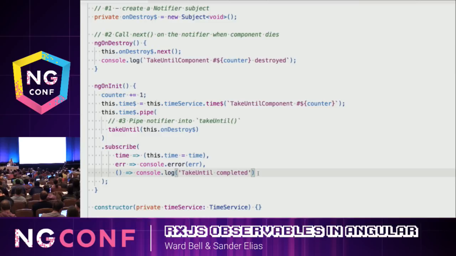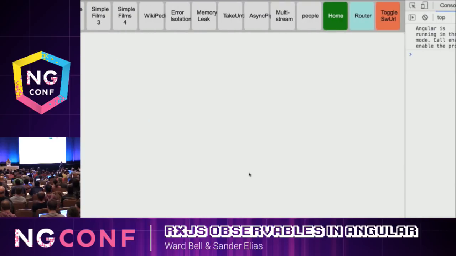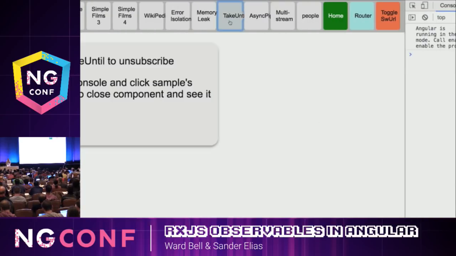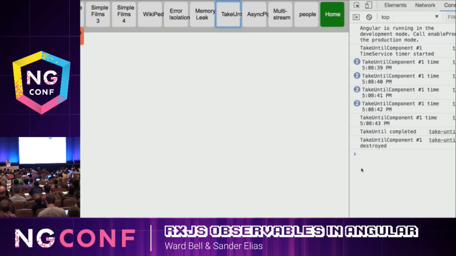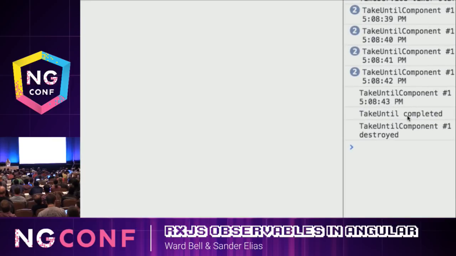That's awesome. And we actually saw over here when we click TakeUntil, and when I do that, notice there's the complete that came downstream, and then the component was destroyed. Complete came down, then the component was destroyed. But the unsubscription happened, and therefore no memory leak.